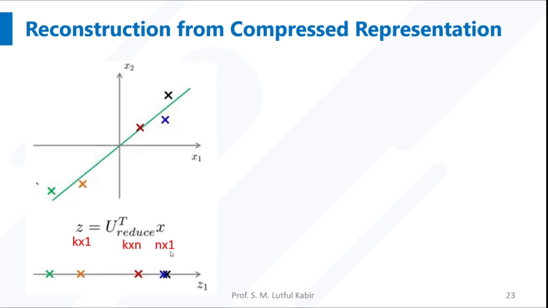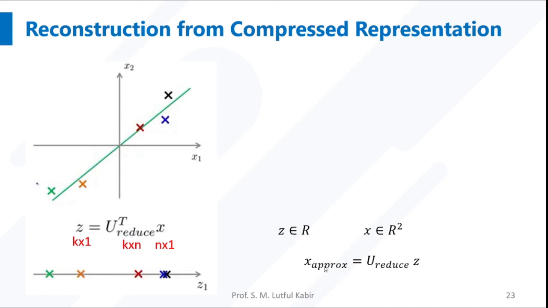So the n-dimensional vector x is converted into a k-dimensional vector z. In this example, z is a real number where x is a two-dimensional vector. If you want to go back the other way, the formula is U reduced multiplied by z, and that gives you x approximation, that means the projected value, not the actual value.